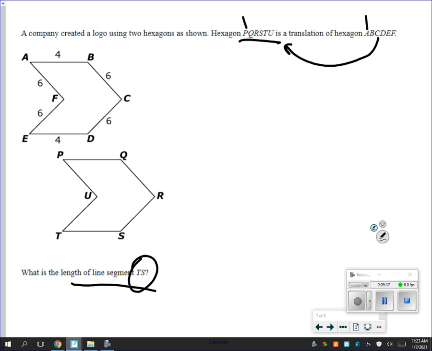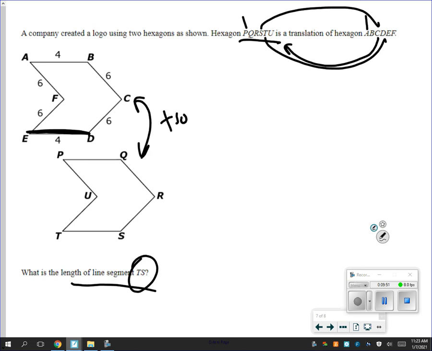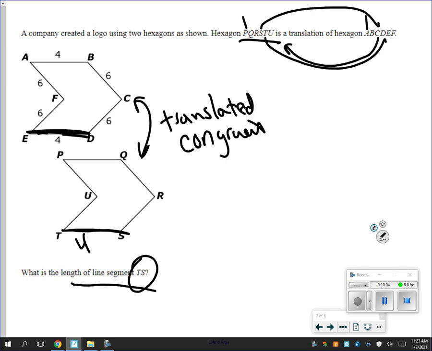So TS matches with DE. Well, here's D and E. So remember, because they're translated, they're congruent. And that means that however long this is, this is the exact same. So that is also 4 as well.